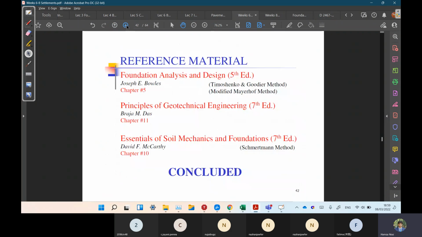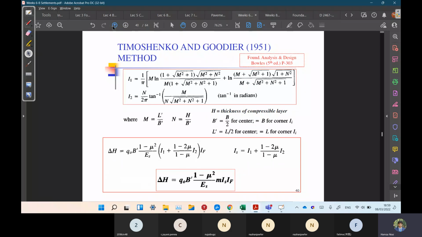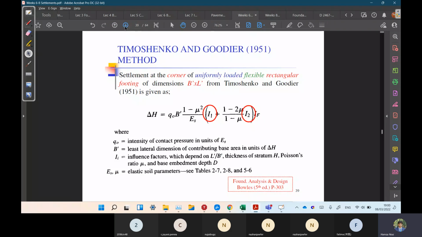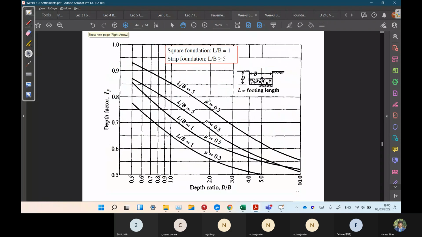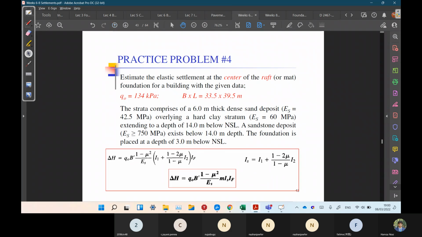So for example, if we move to this example, we are given Q naught, B and L. They have told us ES is equal to 2.5, and there is clay at the bottom.